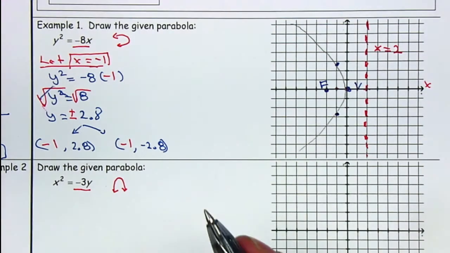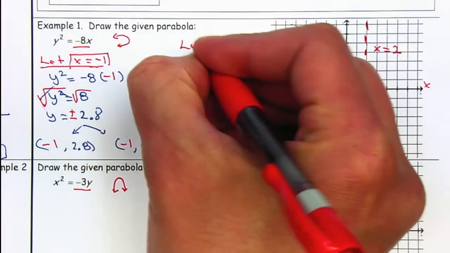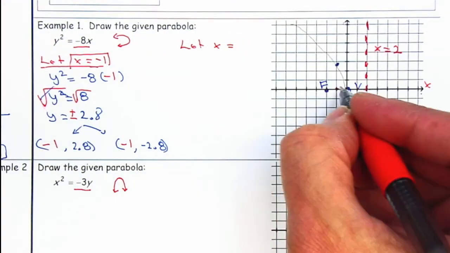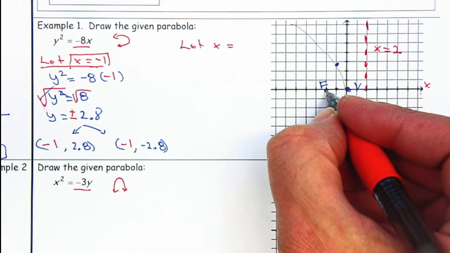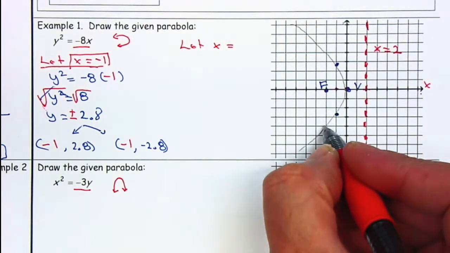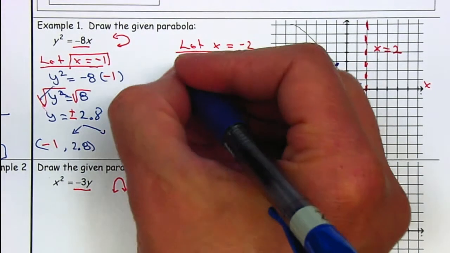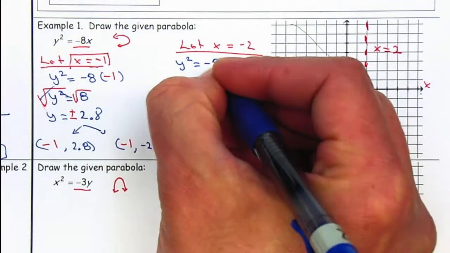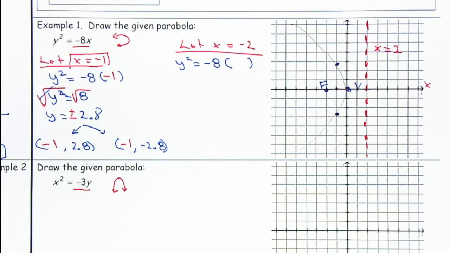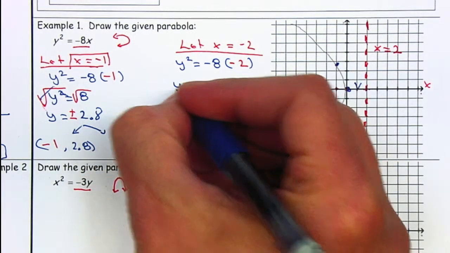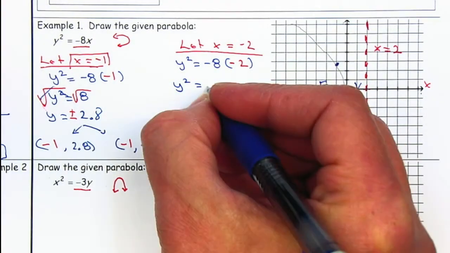I'm going to need another set of points. So now I'm going to let x equal negative 2 once again, because that will give me 2 points. I'm going to plug in y squared is equal to negative 8, but instead of x it will be negative 2. That'll give me y squared is equal to 16, because a negative times a negative is a positive.